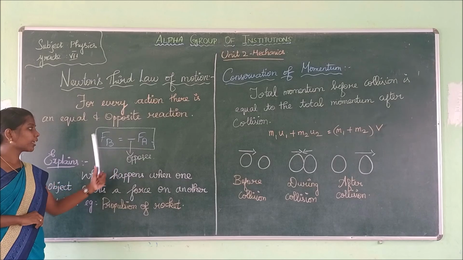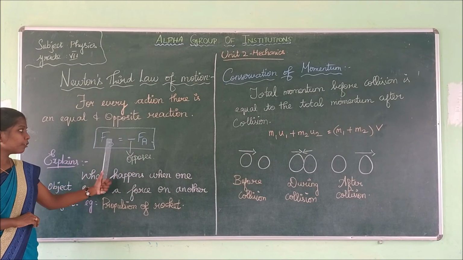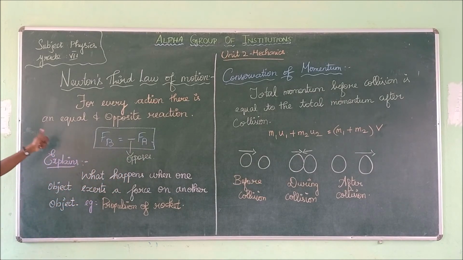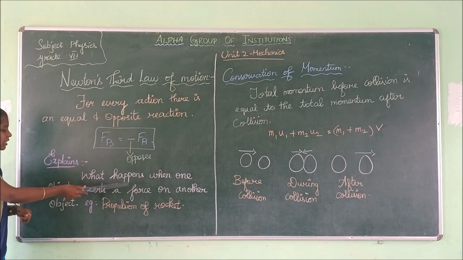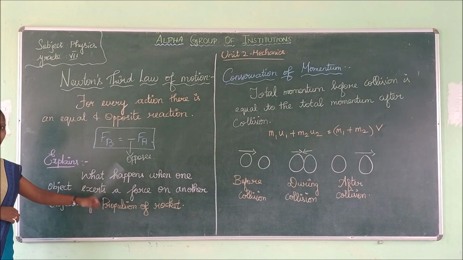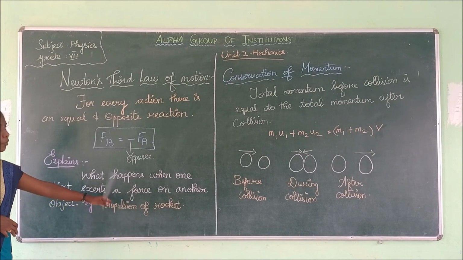Fb is the force on B, and Fa is the force on A. The example is the propulsion of a rocket. This law explains what happens when one object exerts a force on another object.